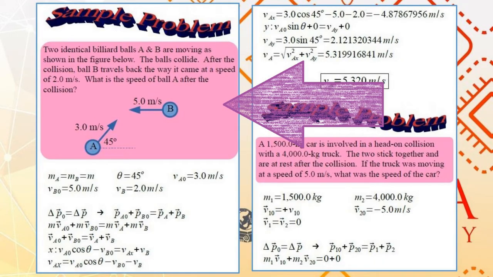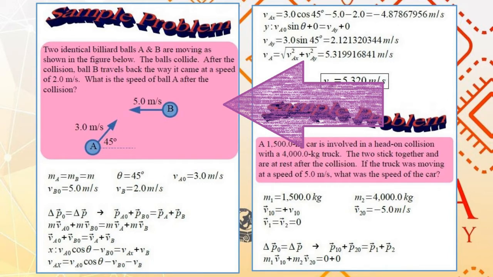And now for a couple of examples. First, consider the following problem. You have two identical billiard balls, A and B, which are moving as shown in the figure.